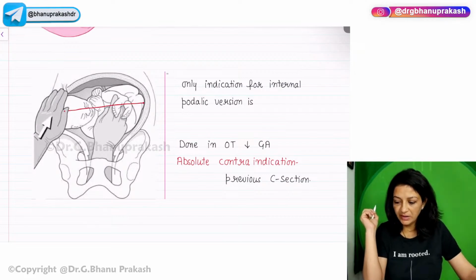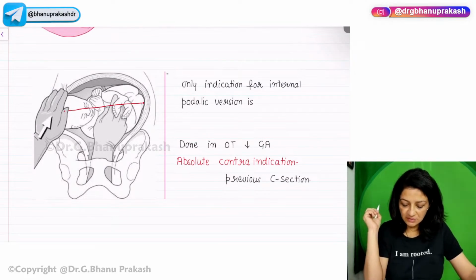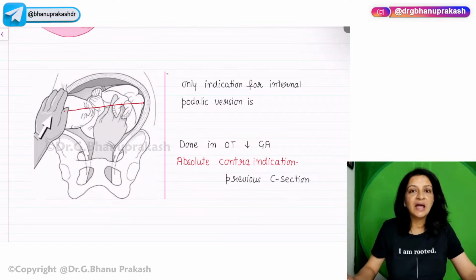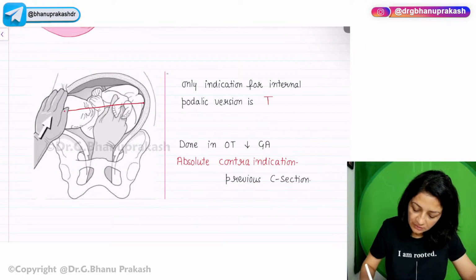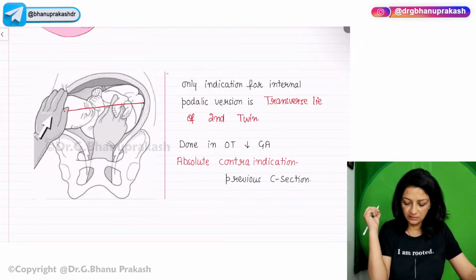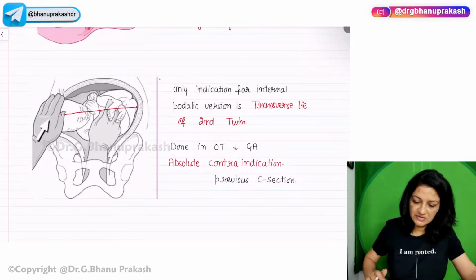Yes, twin pregnancy. Twin pregnancy में if the first baby is cephalic presentation and the second one is transverse lie, so only indication for internal podalic version is transverse lie of second twin.